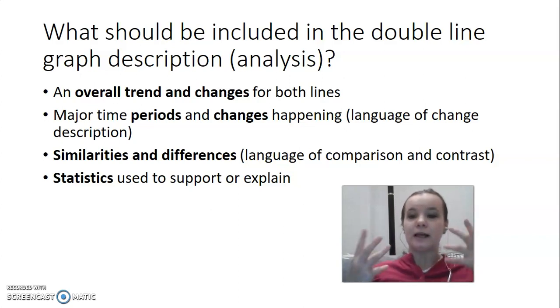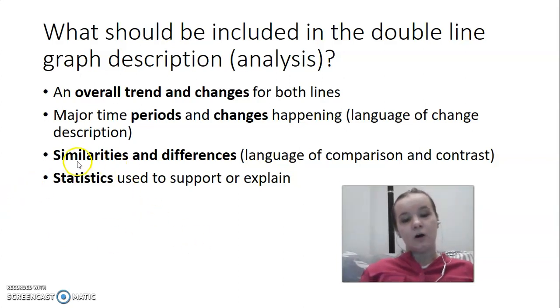Here you will use the language of change, increase, decrease, and stuff like that. Also, since there are two lines, you are going to compare them, and you'll talk about the similarities and differences. And also you use statistics, numbers to support or explain what you are writing about. Let's just dive into that.